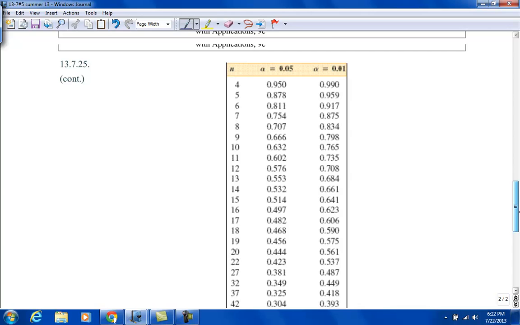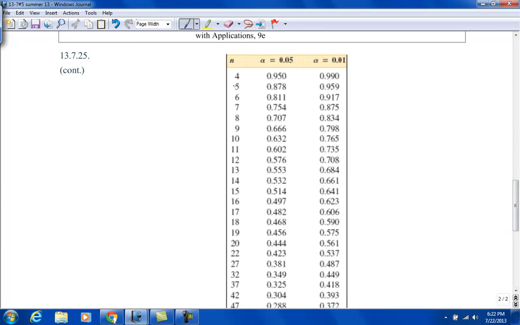Okay. So we have 5 data points. And we have to be either bigger than 0.878 or less than negative 0.878 for there to be a correlation at alpha being 0.05. And we have to be bigger than 0.959 or smaller than negative 0.959. So we're not meeting the criteria.